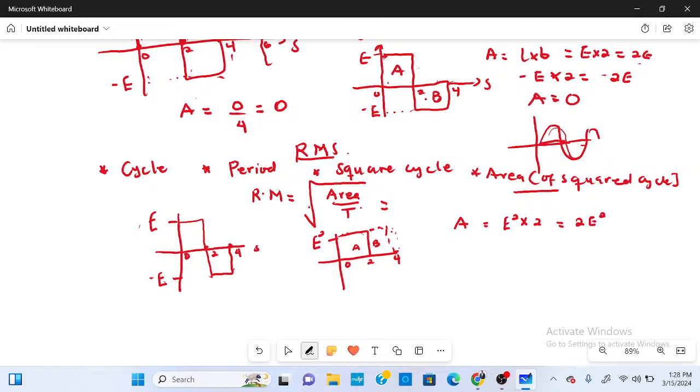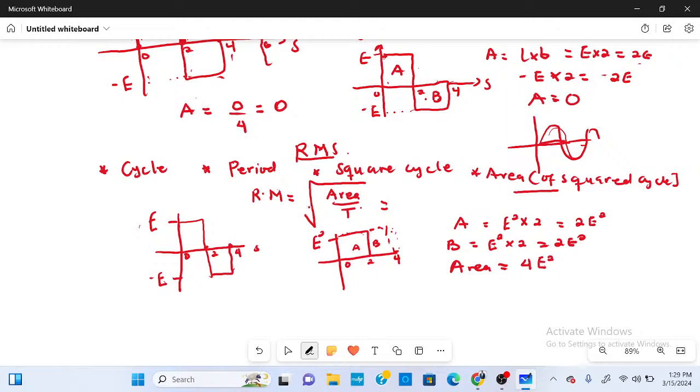Then I'll find the same for B, which is equal to E squared, the same length, times 4 minus 2, which is 2, right? This is also giving me 2E squared. So my total area A is equal to 2E squared plus 2E squared, giving me 4E squared.